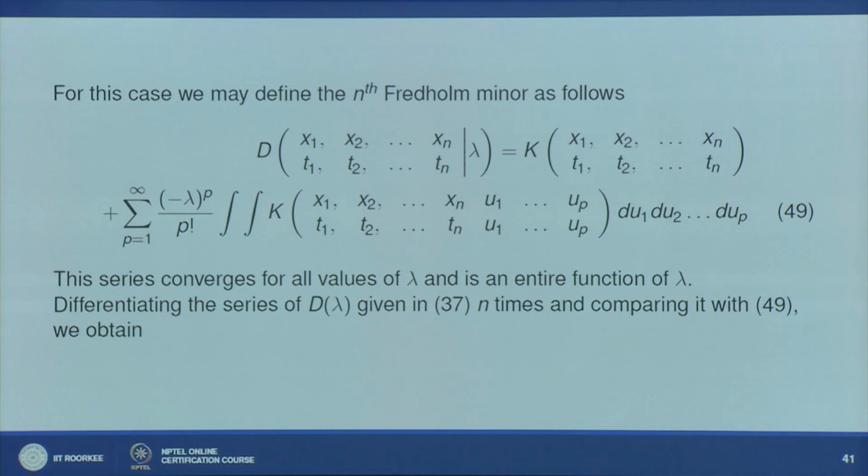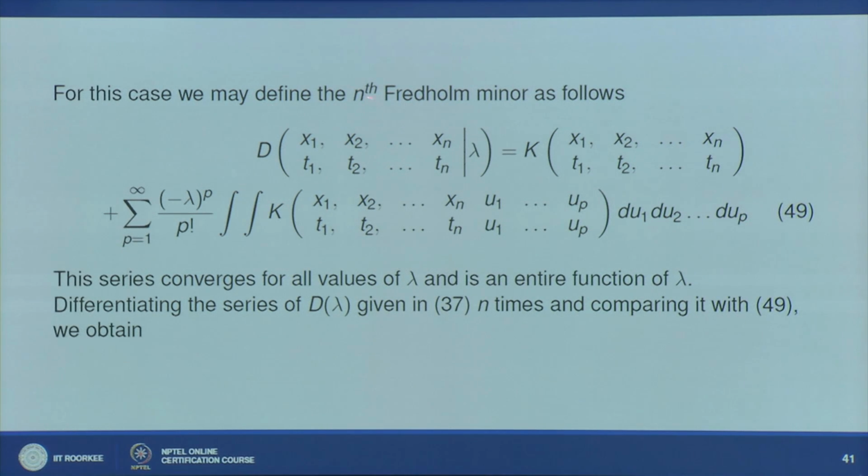So for this we define a new term which is known as the nth Fredholm minor, and it is defined as D(x1, x2, ..., xn; t1, t2, ..., tn) with respect to the given constant lambda, and it is given by K(x1 t1, x2 t2, ..., xn tn) plus the summation p equal to 1 to infinity of (minus lambda) to the power p upon factorial p, the p-fold integral of K(x1 to xn; t1 to tn; u1 to up) du1 du2 ... dup.